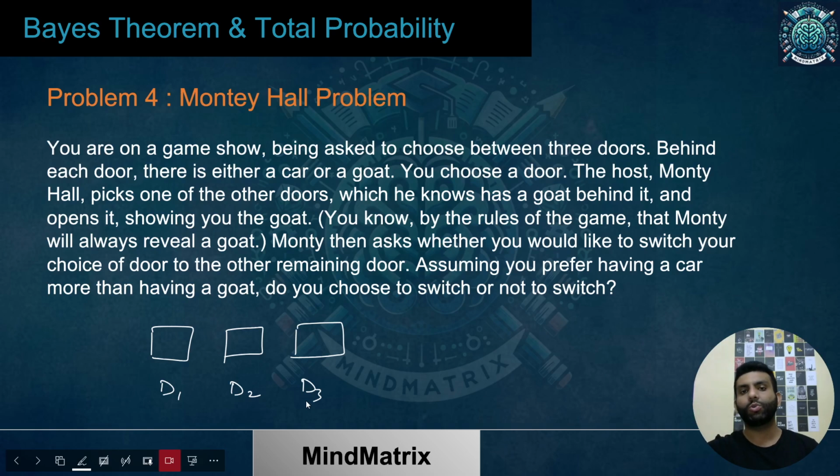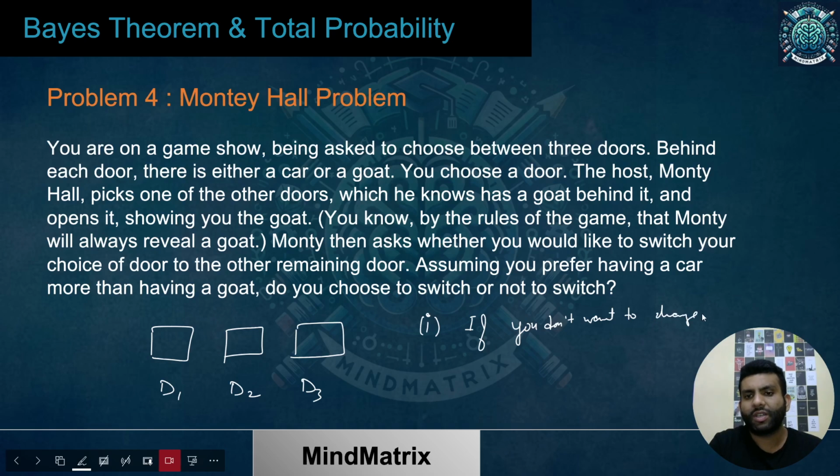From the other two doors, he will show you one door which will have a goat behind it. Now, if you want to know whether you should be changing or not, the idea is simple. So if you do not want to change, what is the chance of winning? If you don't want to change.